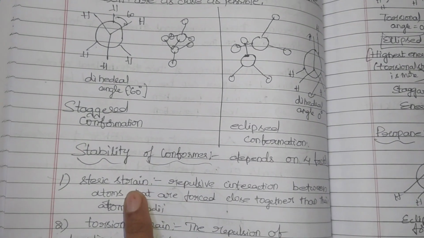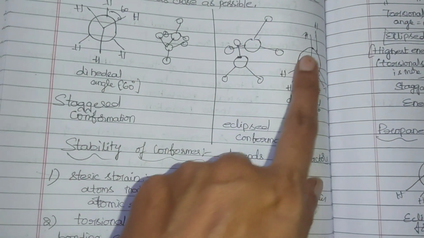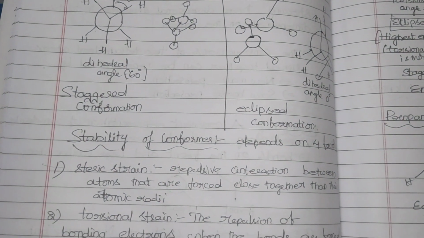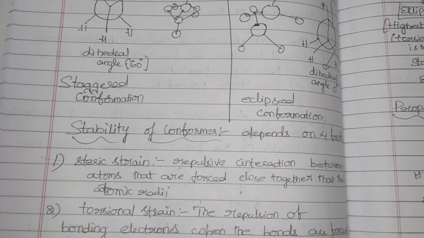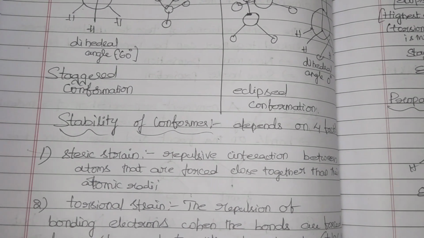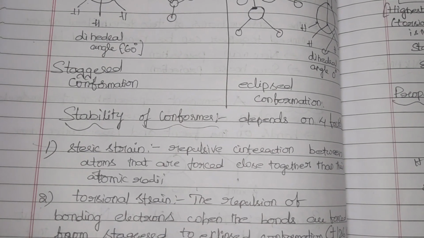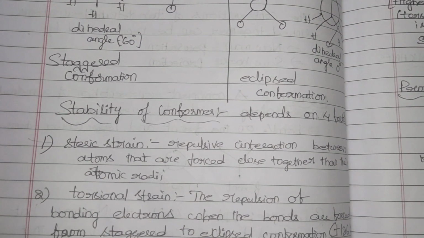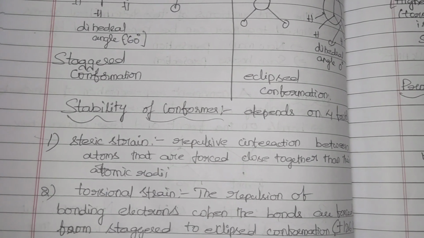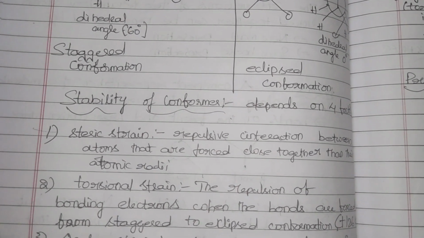Steric strain is the repulsive interaction between atoms that are forced closer together than their atomic radii allow.